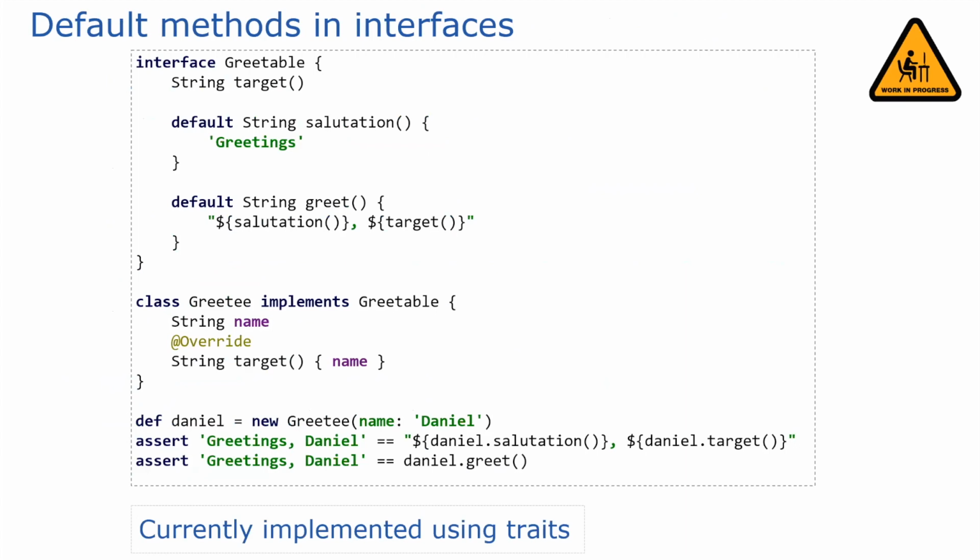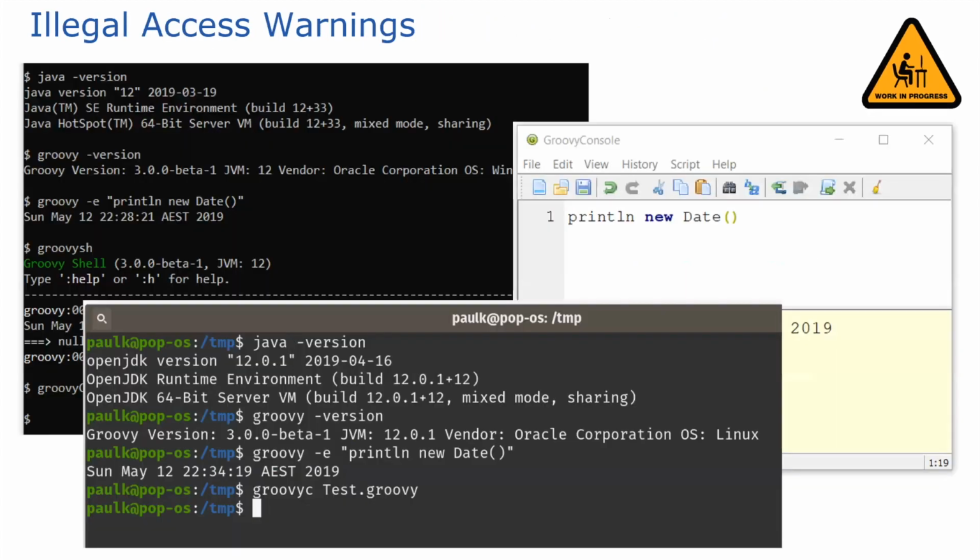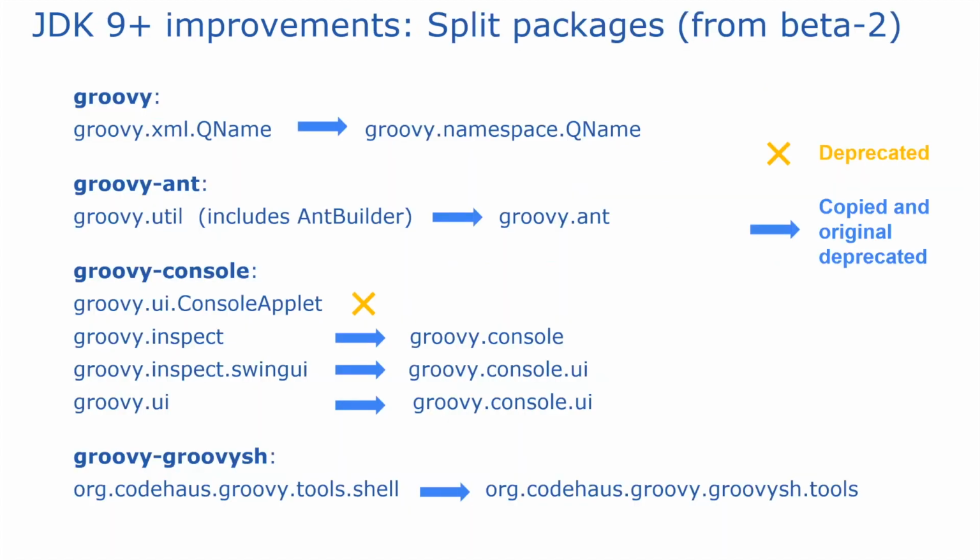Okay, there's default methods in interfaces. There's getting rid of all your illegal access warnings, which is really nice. And split packaging. All of the packages that are in Groovy have now been retweaked. Our original plan some 2 years ago was that Groovy 3 would be fully module compliant.